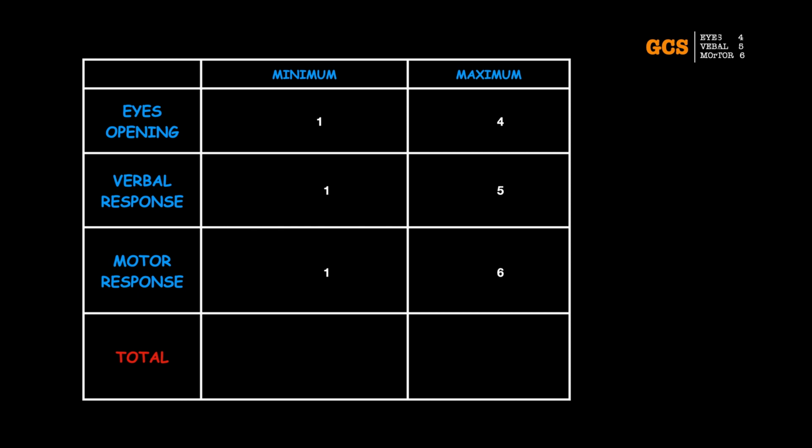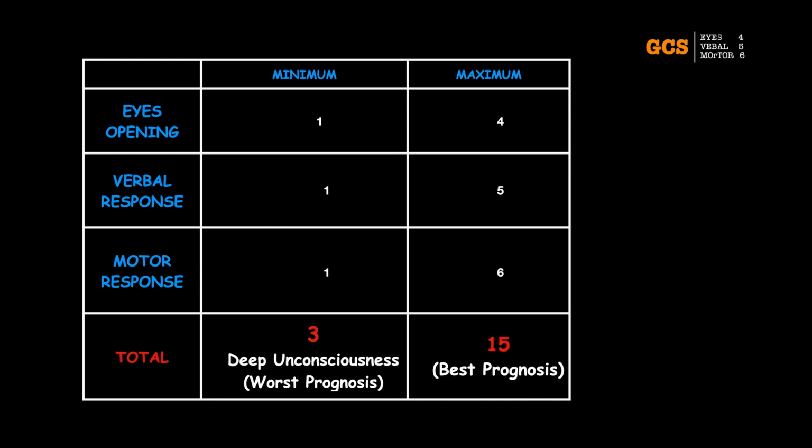And so the overall minimum score that a patient can get is 3, which indicates deep unconsciousness and also has the worst prognosis. And the overall maximum score that a patient can get is 15, which indicates the best prognosis.